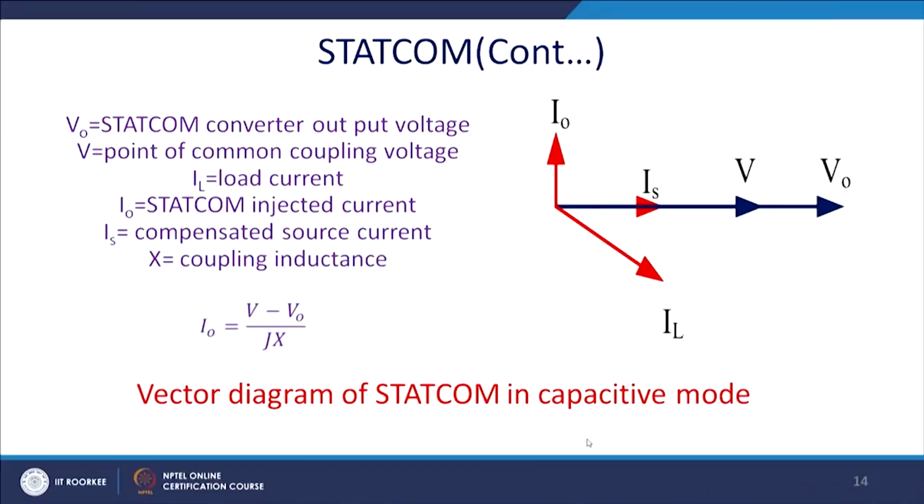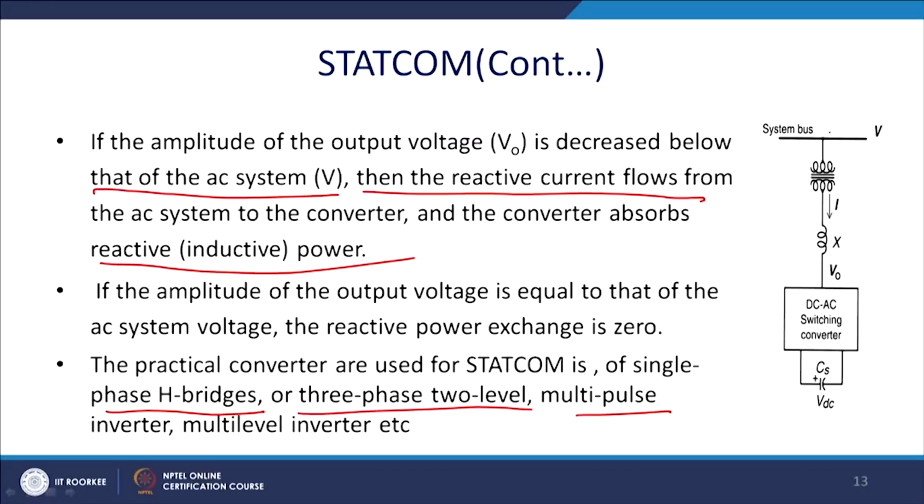Let us consider that the output voltage of the Statcom is V0 and V is the point of common coupling voltage. What is the point of common coupling? This point we generally say is PCC, because generally it is stepped down by a voltage.